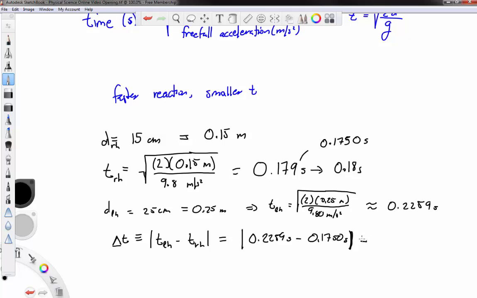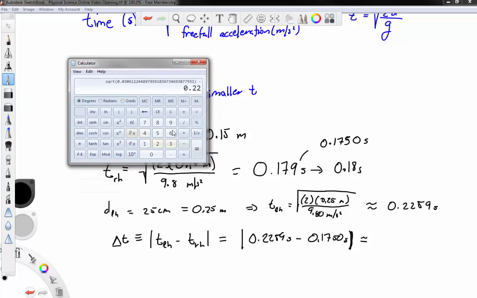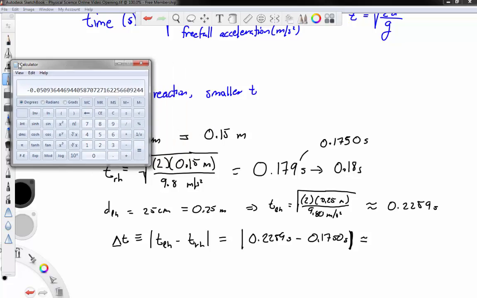So if I subtract those two from each other, let me subtract the 0.2259, and I get something like this. Of course, I didn't truncate this, but that's okay.